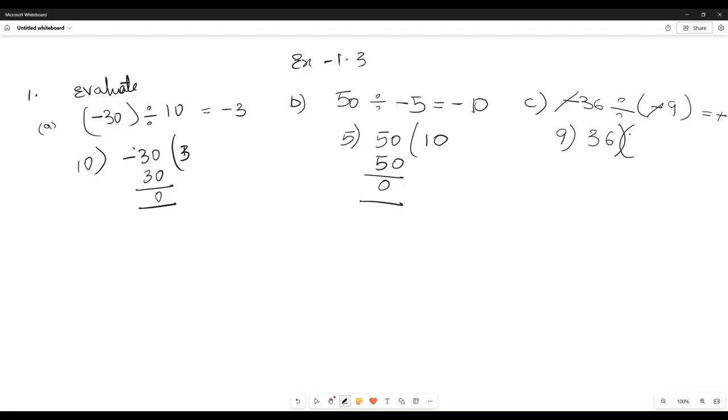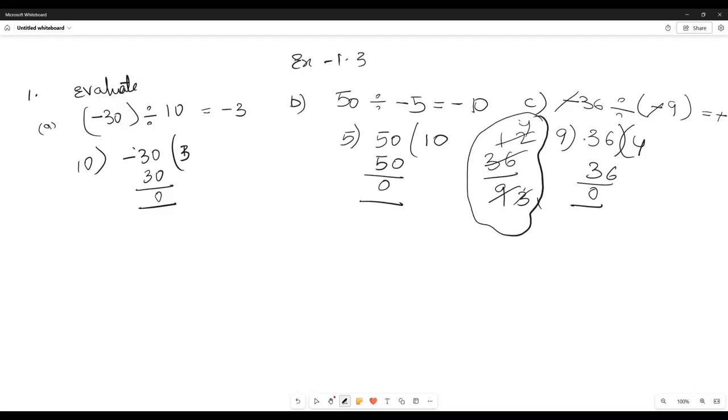Tell me, when we get 36 in the 9 table, 9 fours are 36. You can do it like this also: 36 by 9, 3 ones are 3, 3 twos are 6, 3 fours. This is also a correct way. It is a simple way, like a basic level. Okay, the answer we get is plus 4.